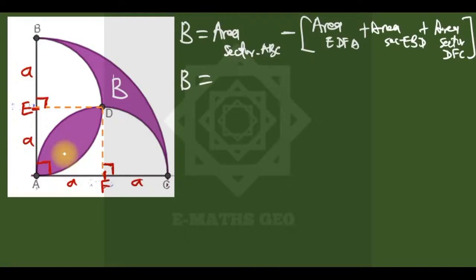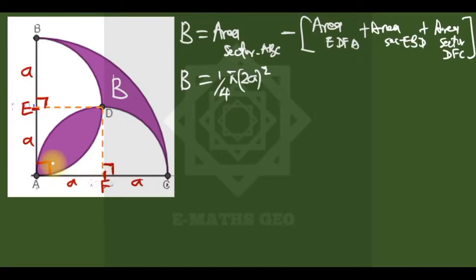So an area of a sector is theta, that's 90, a quarter circle, so 1/4 pi a squared. Sorry, 1/4 pi (2a) all squared. Yes, that's area of this big sector. The radius is 2a.